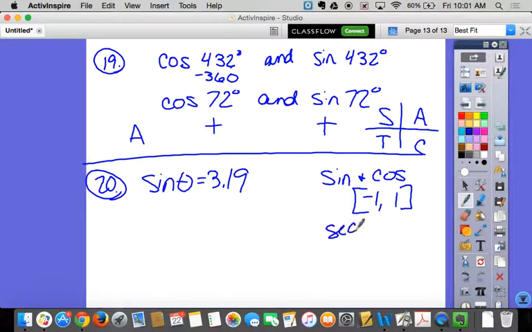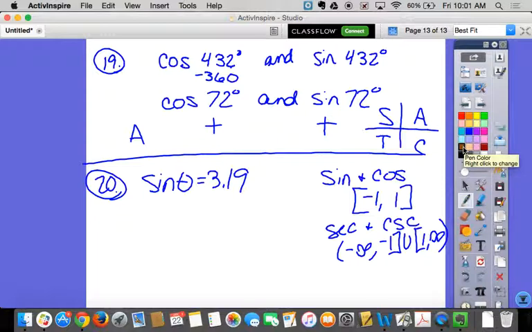And secant and cosecant, they're going to be negative infinity up to -1, and then they start over at 1 and go forever. And tangent and cotangent can be anything on the planet. So, can sine be equal to 3.19? No, it's too big. It's not in that little range there. So this cannot be so. That would be A, impossible.